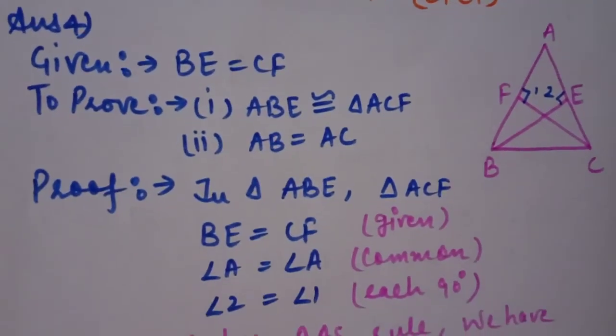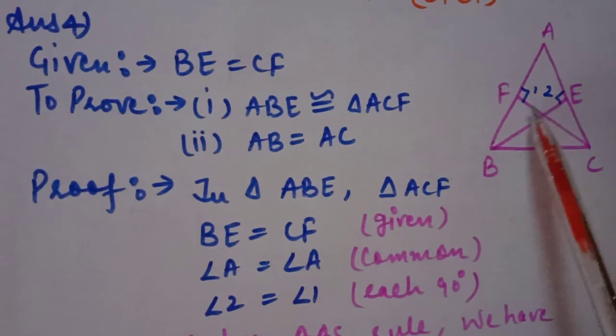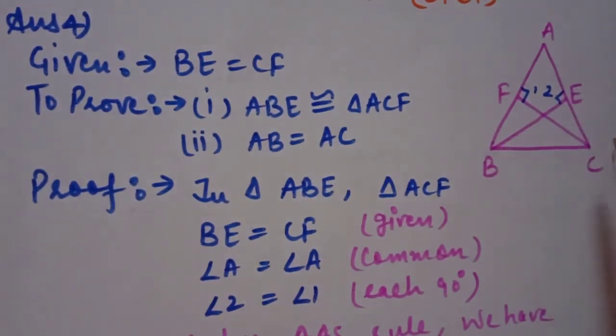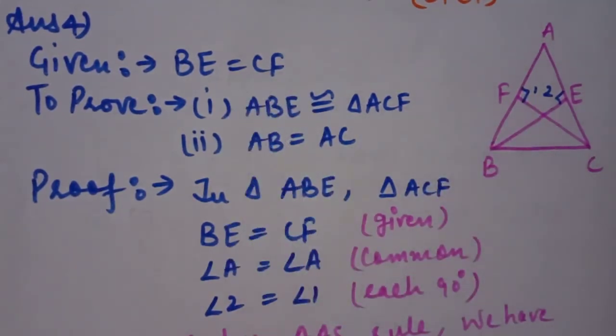Now question number 4. Question number 4 is: ABC is a triangle in which two altitudes BE and CF are equal. So in this question, basically, this is the converse of question number 3. In that question we had to prove them equal, but in this question it is given that they both are equal to each other.